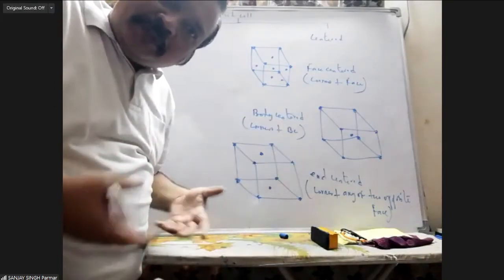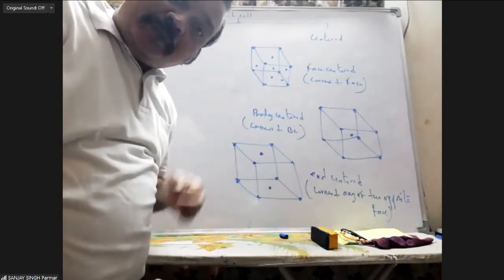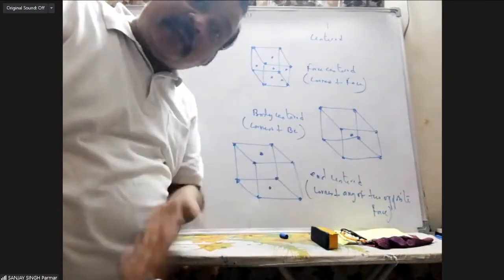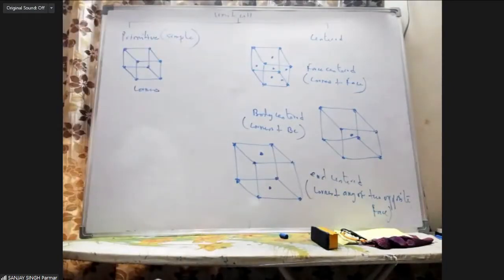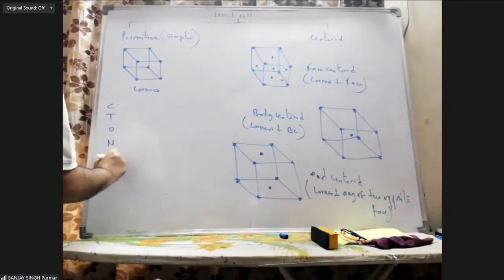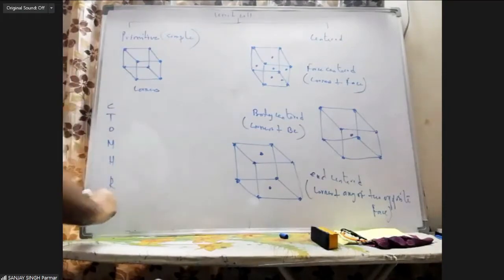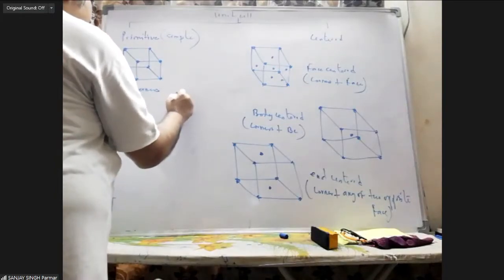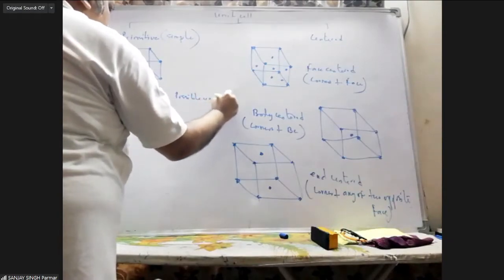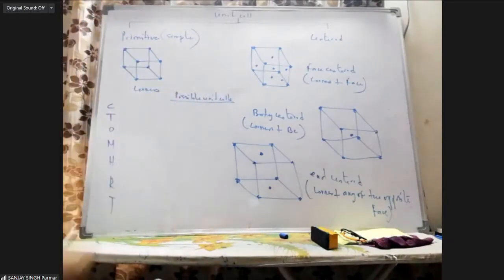Now, to explain the fourth column, all these things I have taught you from the past half an hour. This is not so much required. I have taught you C, Tom, H, R, T. And now I'll go for the possible unit cells.